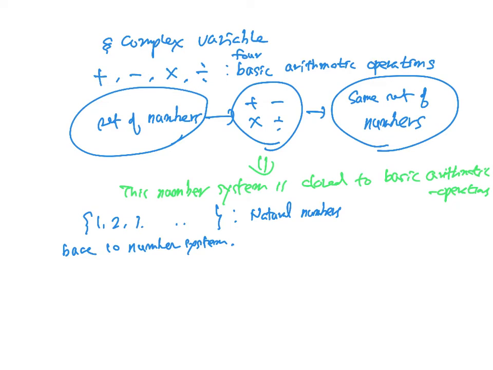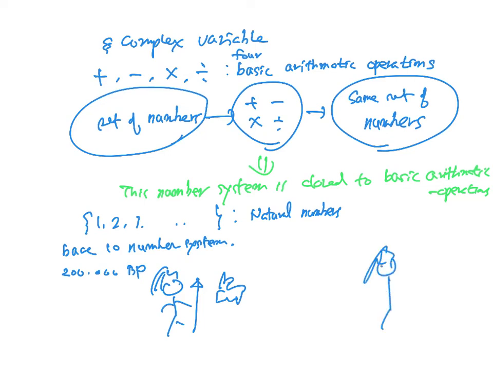So it goes back to maybe 200,000 years ago, when people were present. So there were cavemen. And they catch a rabbit. And there were also fishermen, they catch fish.